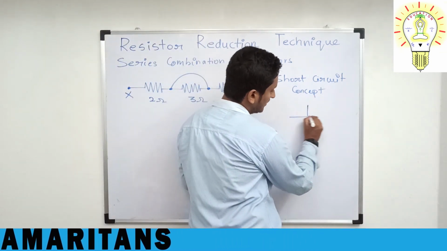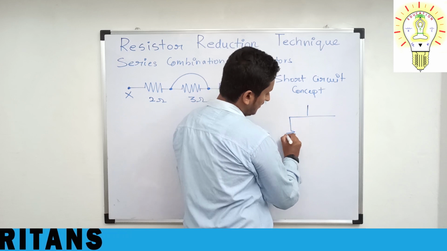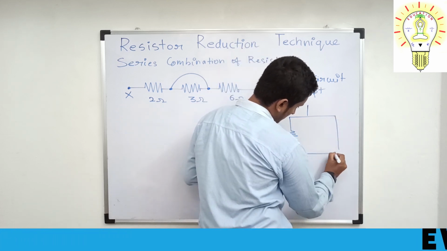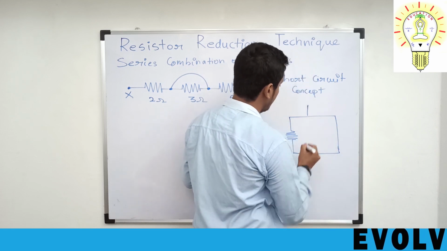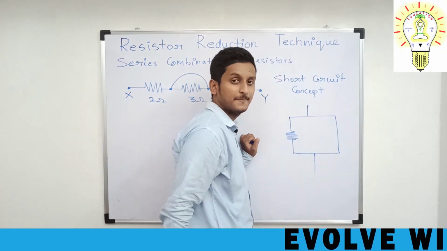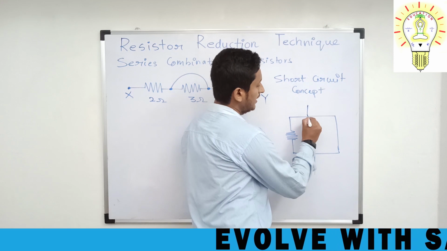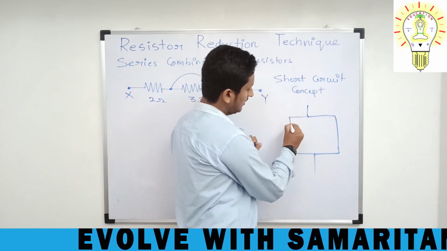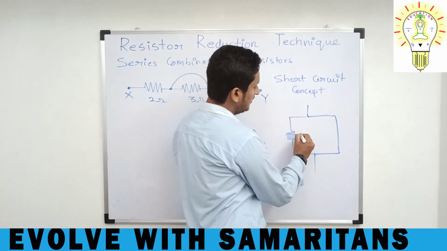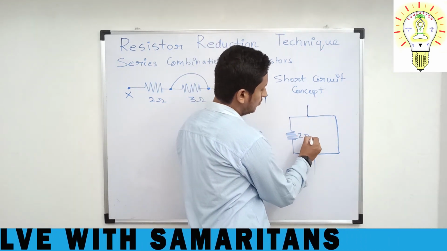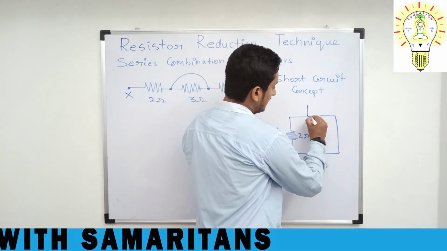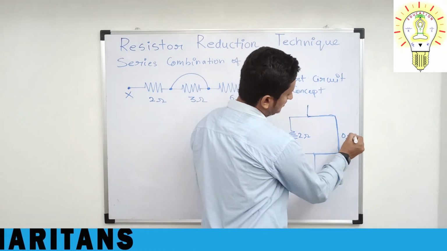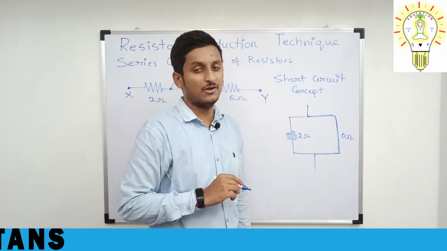If I take two resistors which are in parallel, in this manner, that means I have taken one short circuit path like this, and one resistor like this, and I am taking this resistor as 2 ohms, and the short circuit resistance will be equal to 0 ohms. You all are aware.